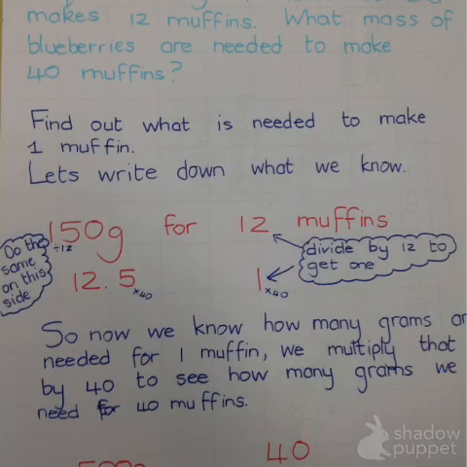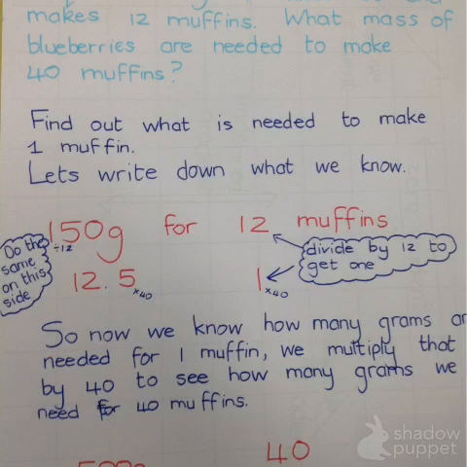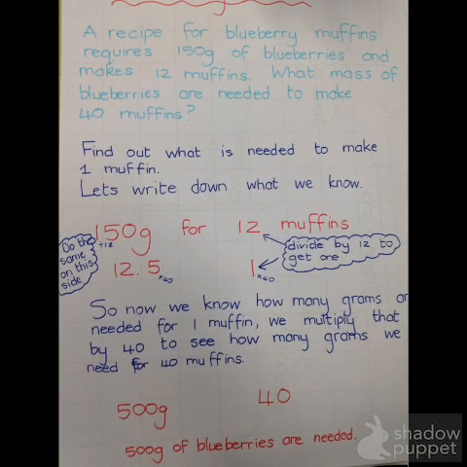Right, let's move to the next one. Okay, so over here, let me try and zoom in. So we've got, let's write it down. We've got 150 grams makes 12 muffins. We know that. Now we also know that we want one muffin.